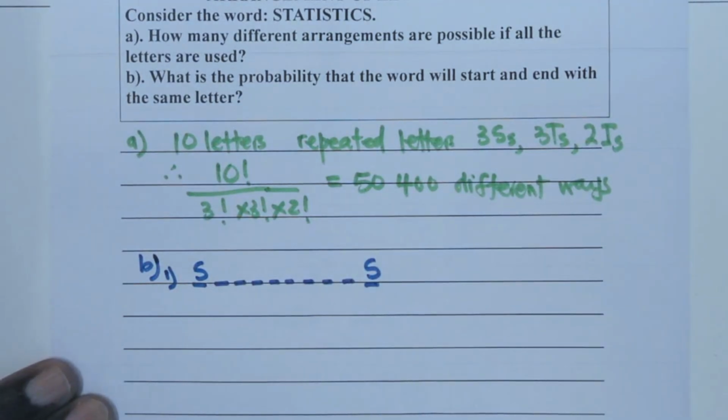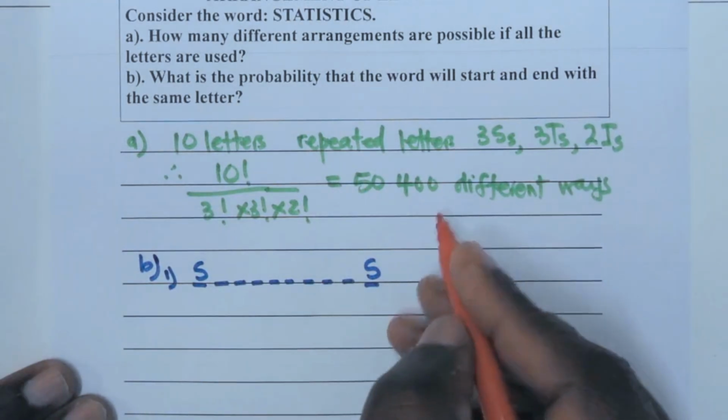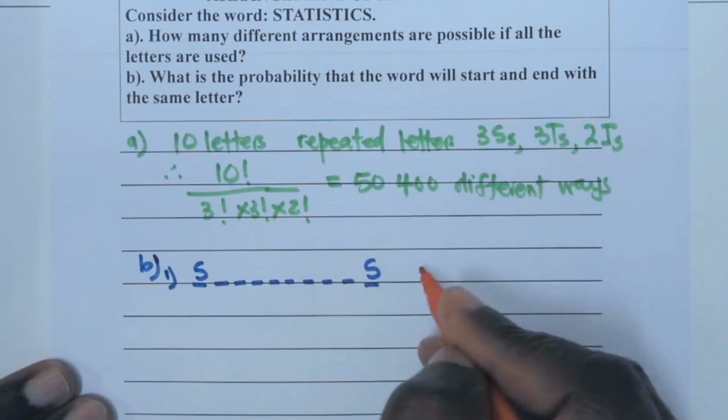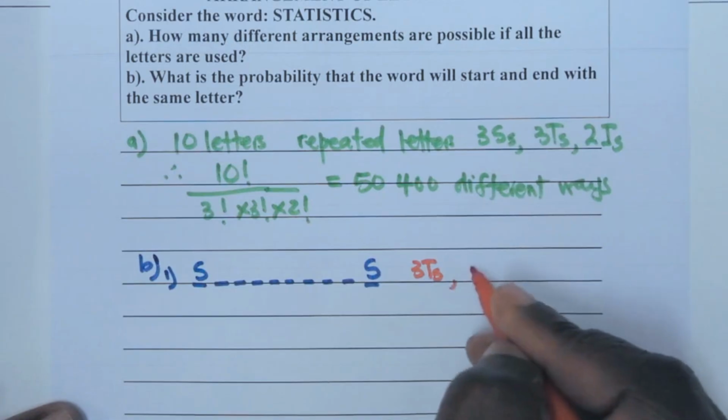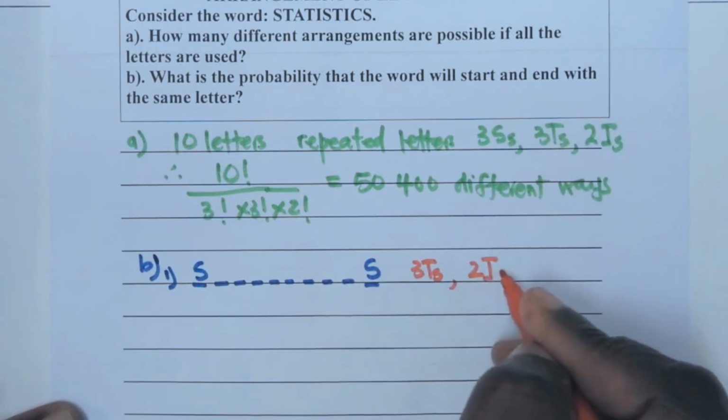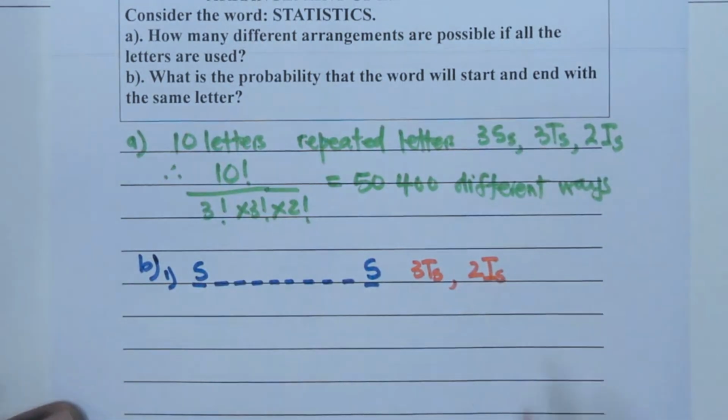But we need to check if we have repeated letters. We will see that we've got 3 T's and we've got 2 I's here.